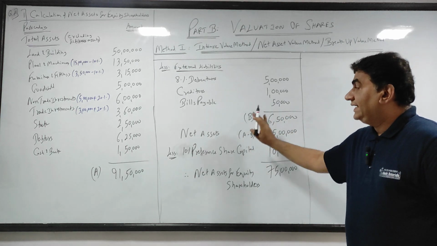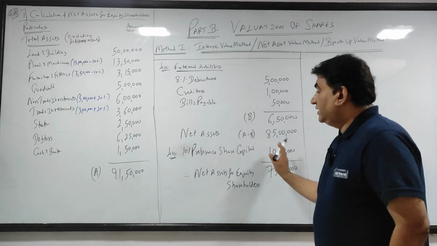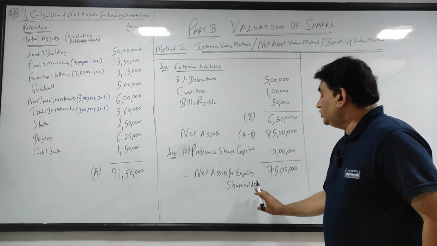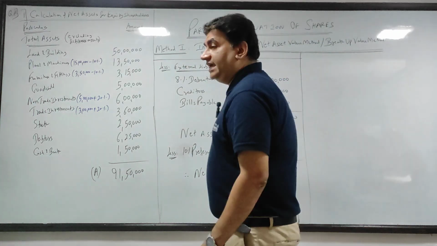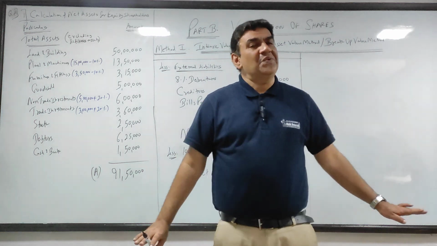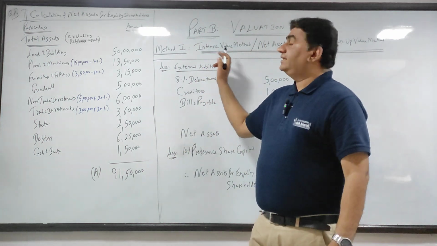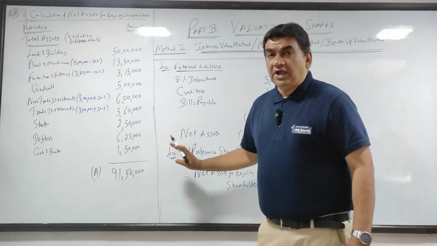Call it B, get your net assets, which will be A minus B. From that, deduct preference share capital. This gives you your net assets for equity shareholders. This is done, consider 95% of the sum done, because what we are finding out is intrinsic value per share. For that this is the first step. I hope it is clear.